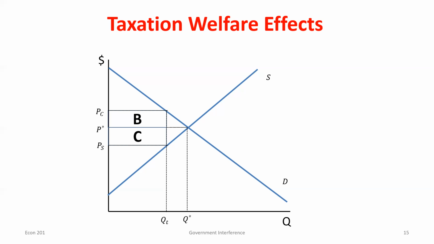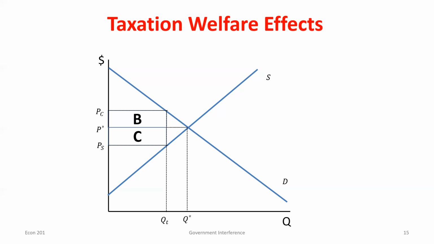Price and supply plus tax. So I can think about here the price that consumers pay, the price sellers keep. So visually, we know this entire rectangle, well, that's just going to be the number of units sold after the tax times the difference between the price the sellers keep and the price consumers pay.